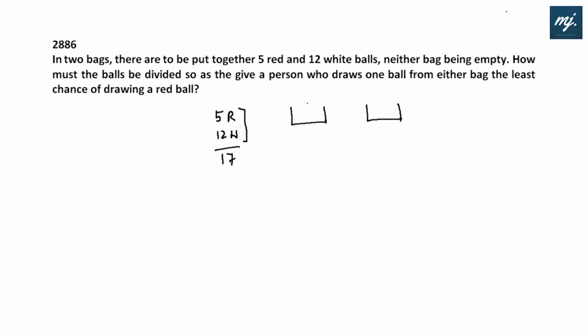So here we have a few red and here we have a few black or white for this instance. Here we have got a few red and here we have got a few white, such that the probability of getting a red ball would be R1 upon R1 plus W1 plus R2 upon R2 plus W2 into half.